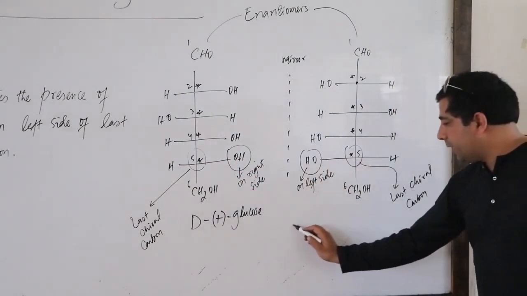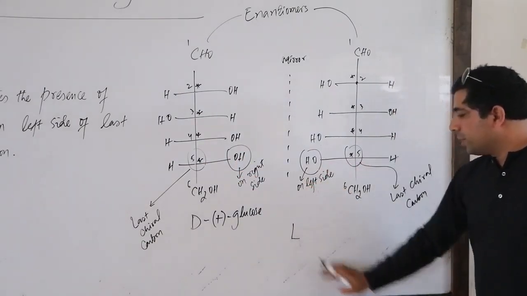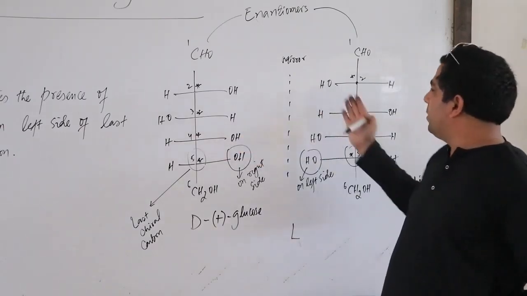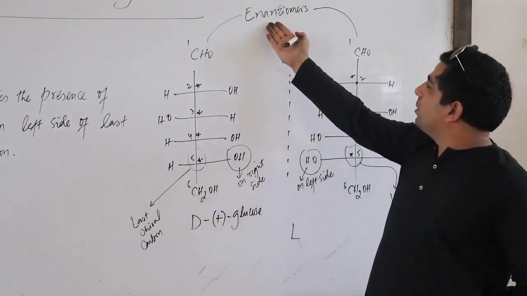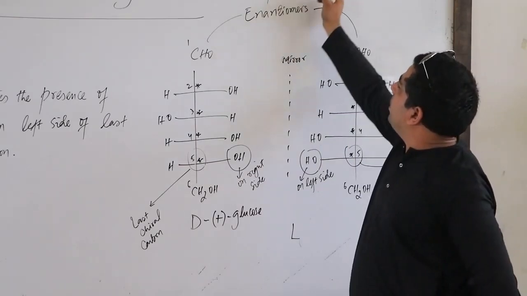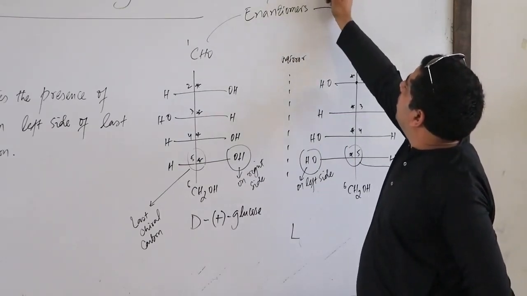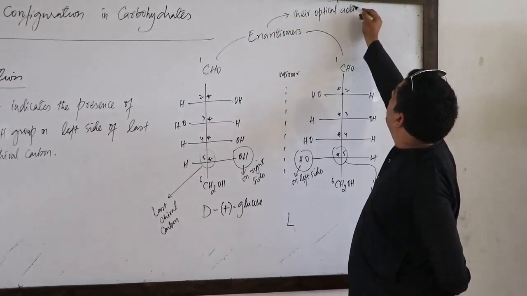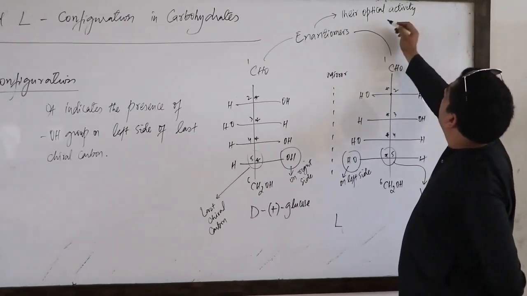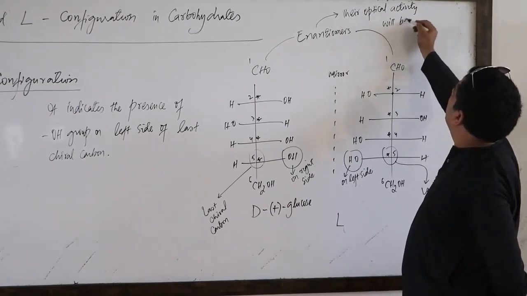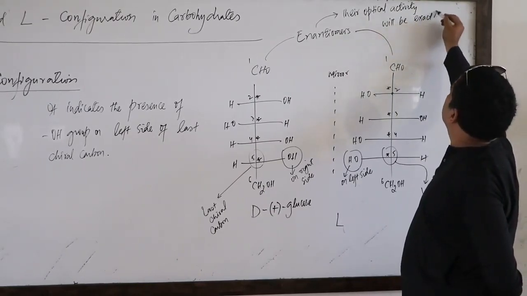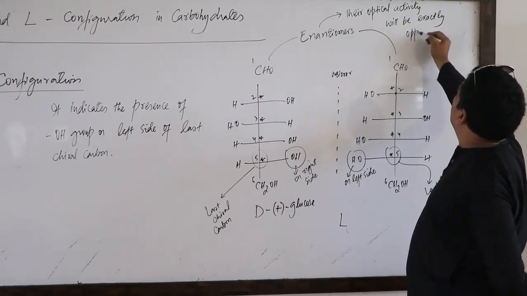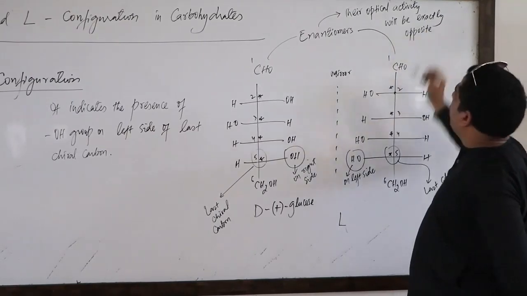So it will be capital L. And I told you this structure and this structure, they are enantiomers. And enantiomers basically means their optical activity will be exactly opposite.